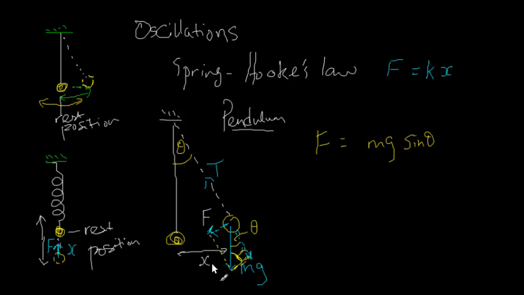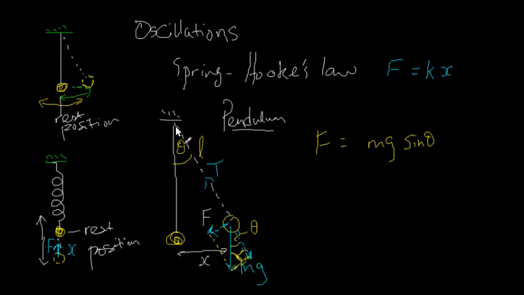Now next, let me try and find x in terms of theta. How do I do that? Again, I probably need to use sine. The length of the string, I'll call that L. Let's say L is the length of this string, and I want to relate x to theta.